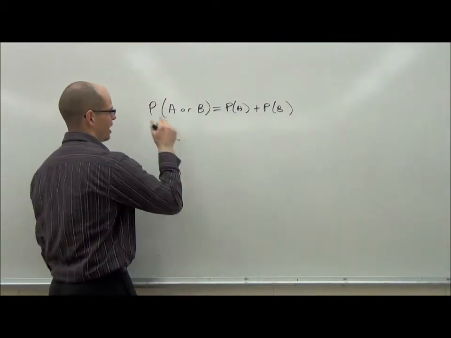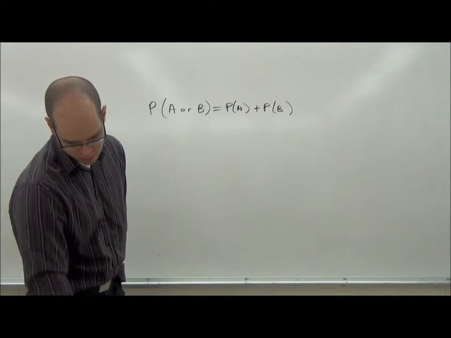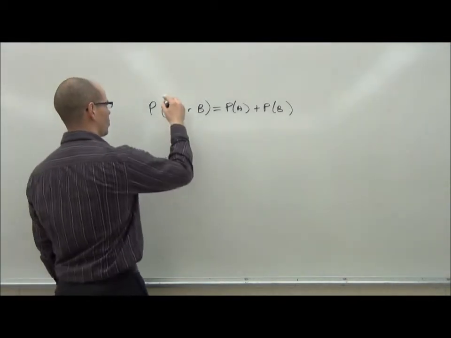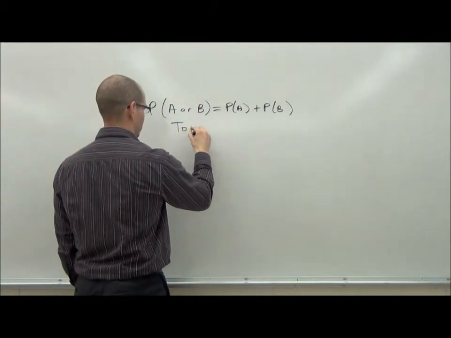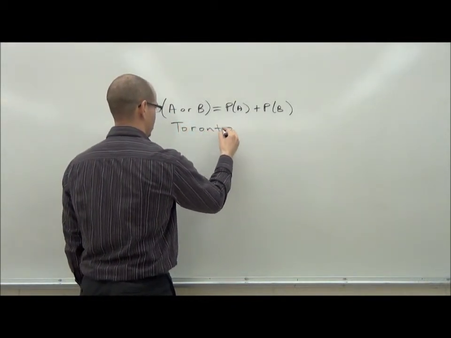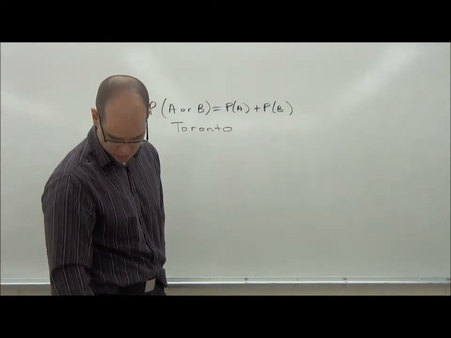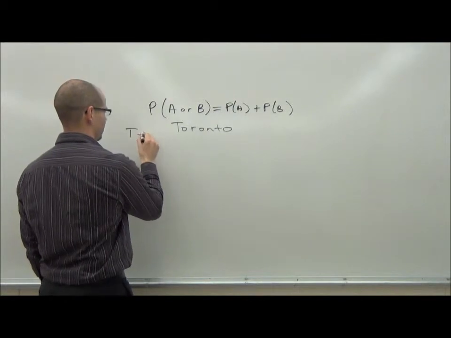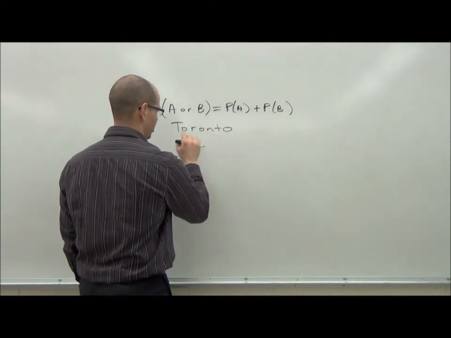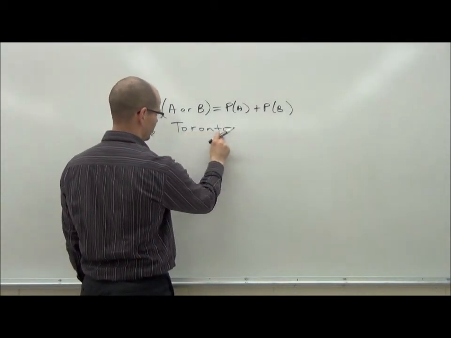So all we have to do is add our probability of getting a T to our probability of getting an O. If I write out the word Toronto, saying T or an O. So first off, how many T's are there? 1, 2. So we have 2 T's. How many O's do we have? 1, 2, 3 O's.